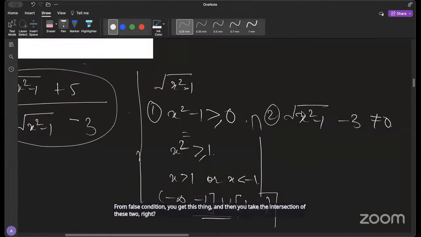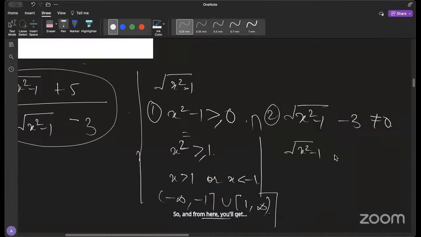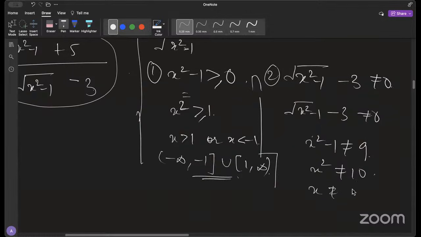And from here you'll get x square minus 1 minus 3 should not be 0. That means x square minus 1 should not be 9, and then x square should not be 10. That means your x should not be plus or minus square root of 10.